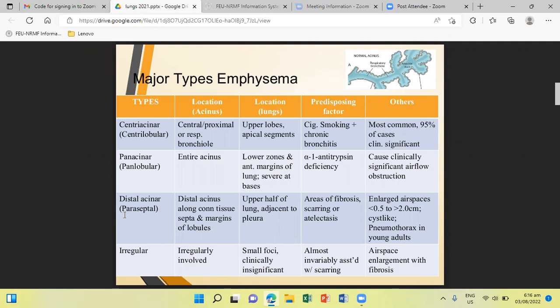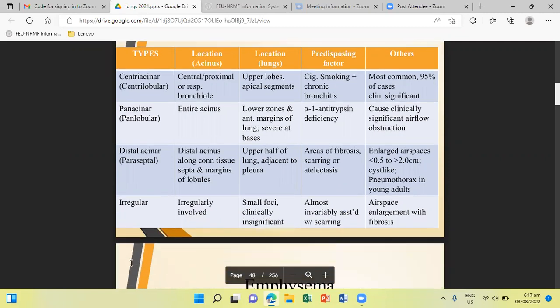Air space enlargement with fibrosis leads to what we call the fourth category, which is irregular emphysema. Irregular emphysema is so named because the acinus is irregularly involved. It almost invariably is associated with scarring. In most instances, it occurs as small foci and is clinically insignificant.